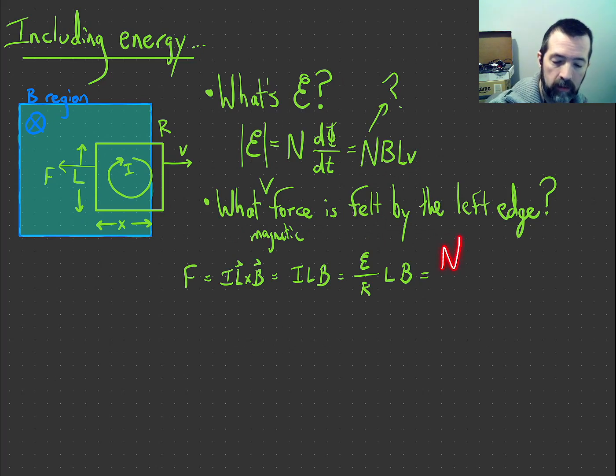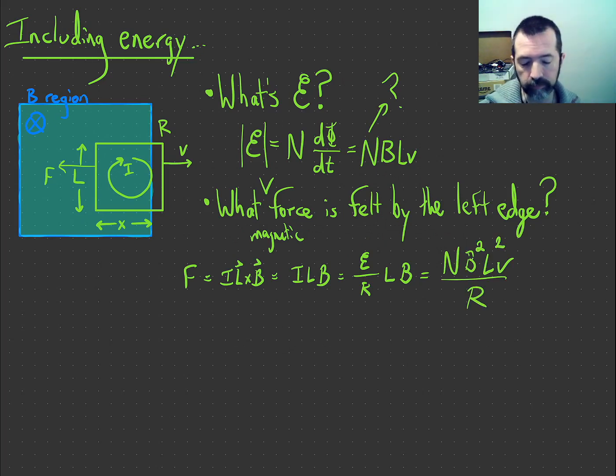So I'm going to have N B squared L squared v over R. And, oh, I need an n. I need another n. I'm going to stick the other n initially way back here.